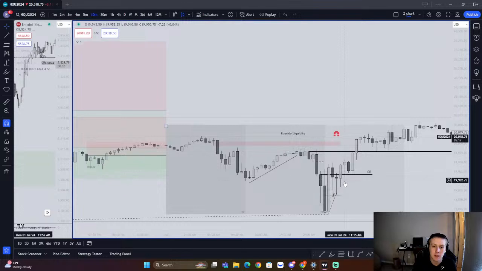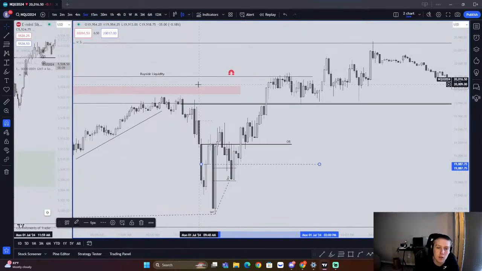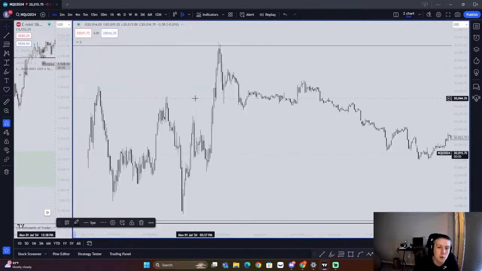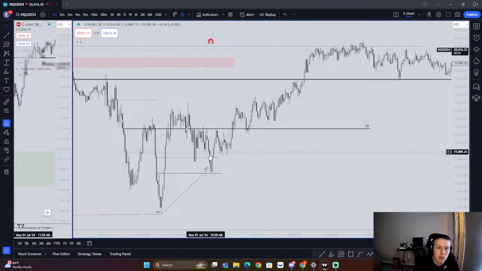We have a 15-minute order block right here, this first one, and then you could use the other two. That 15 minutes is probably going to be a 5-minute. No, that's a 5-minute order block right there. So you have your first 15-minute order block right here. That's this line here. Look at the accumulation around that level.